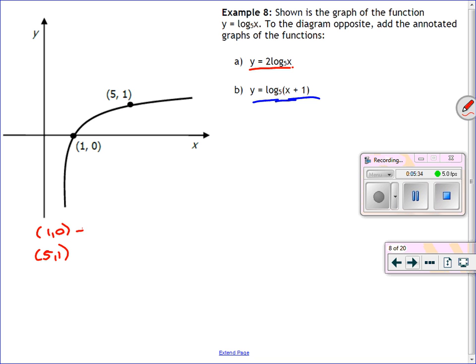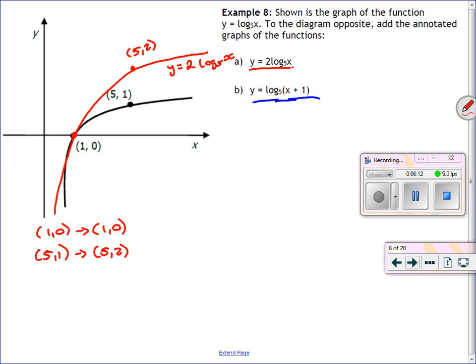So 1, 0 stays as 1, 0 because 0 times 2 is 0. 5, 1 becomes 5, 2. And that is going to look something like this. And that's a graph of y is equal to 2 times log to the base 5 of x.